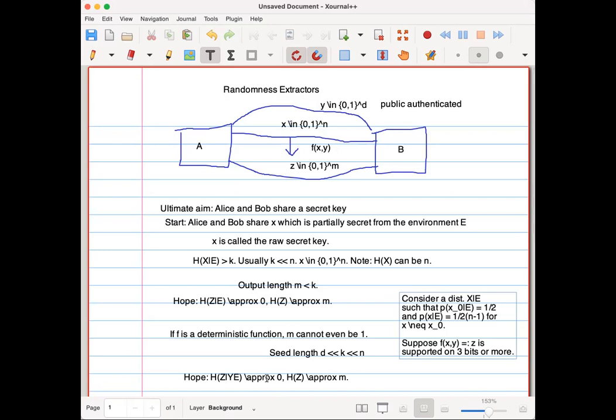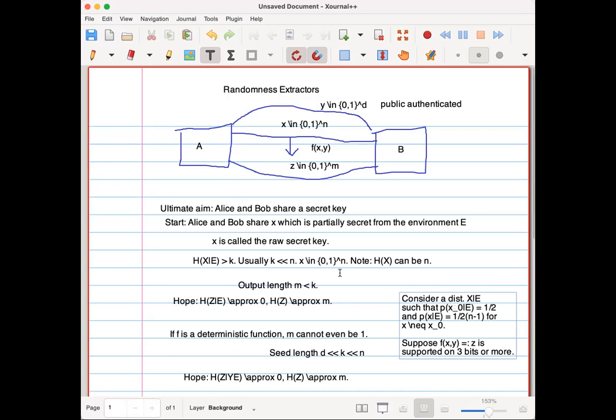You can feel it for obvious reasons: it's a little bit of extra thing you need, like a seed which will grow into a big plant, and the extracted randomness is the plant. Remember, the environment also gets to see the seed Y. So the environment will say, I don't care what other x's arise; I can safely guess that x is equal to x0, the raw key, because that happens with probability half. And the environment will be correct with probability half.